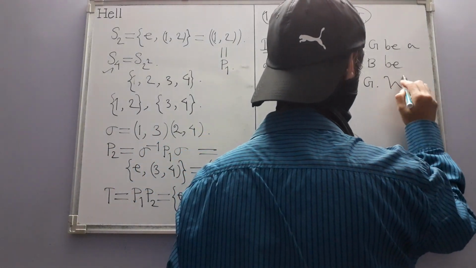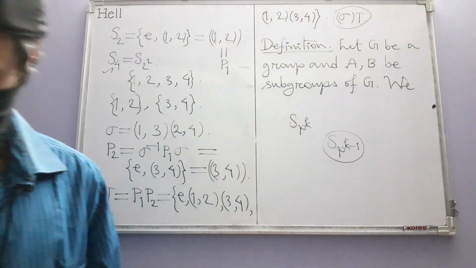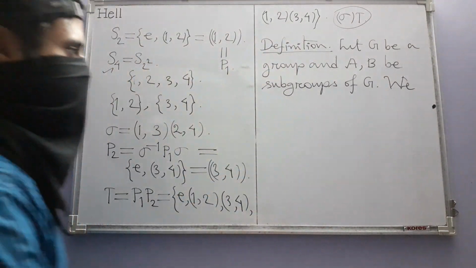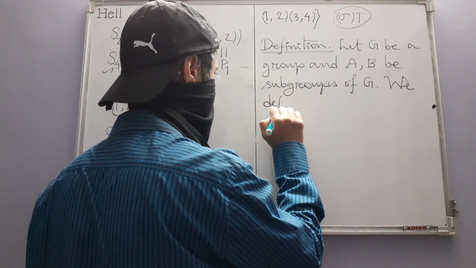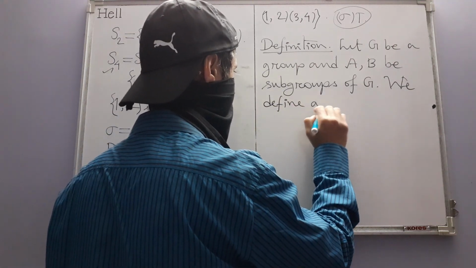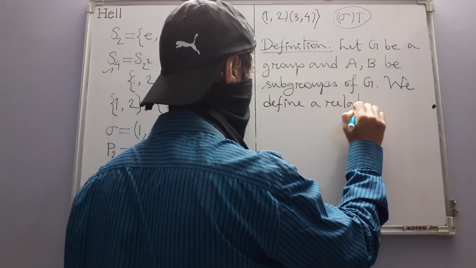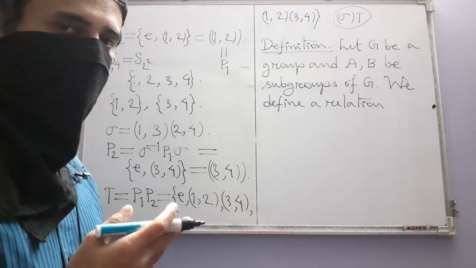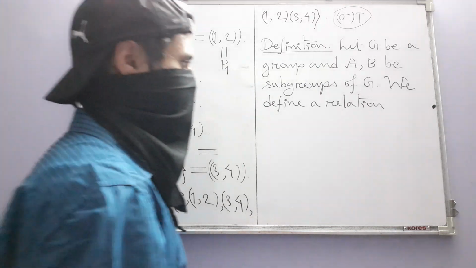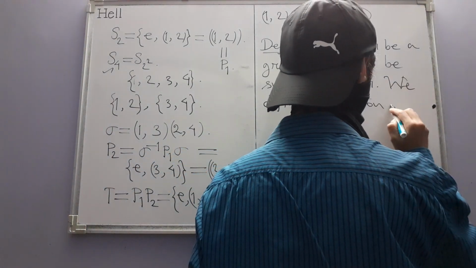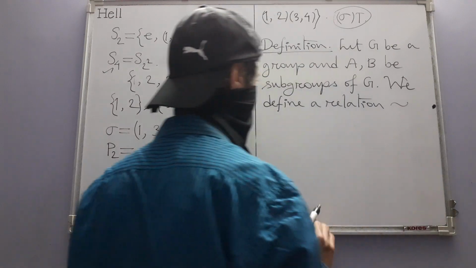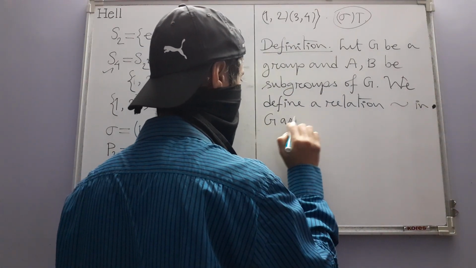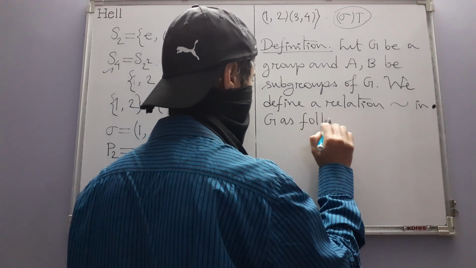We define a relation, more specifically a binary relation relating two elements in G, a relation denoted by this symbol in G as follows.